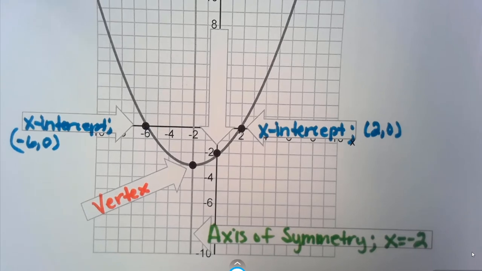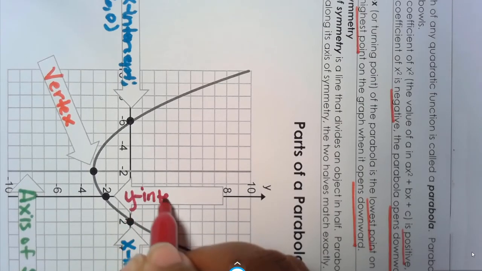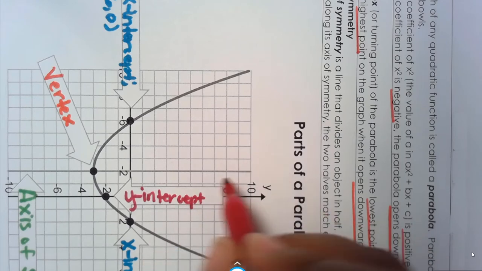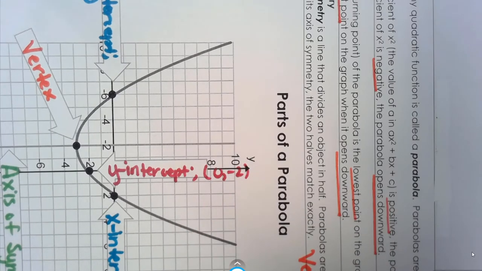And then lastly, we have our y-intercept. Our y-intercept is a point on the y-axis. So if we were to identify that point here on the y-axis, this would be at 0, 2.